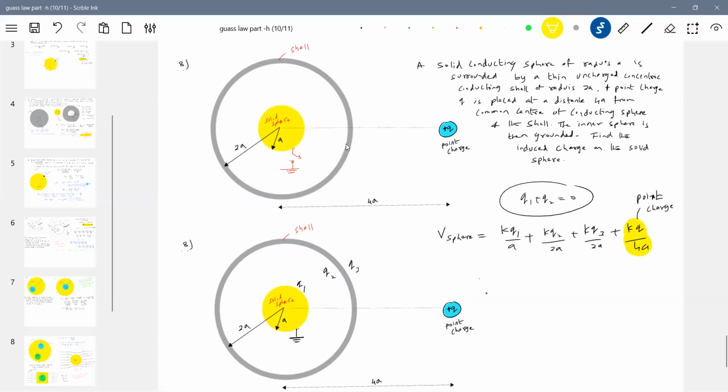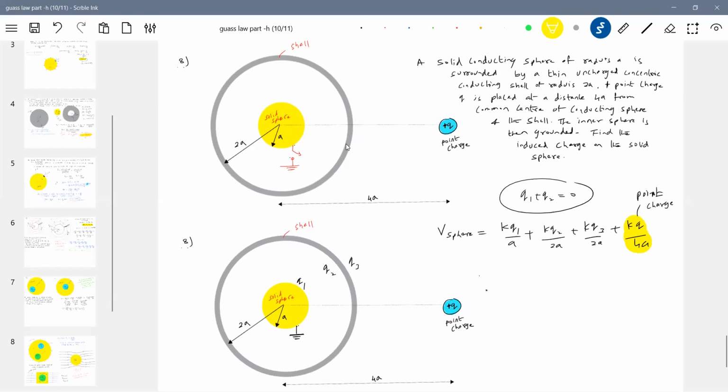This was neutral, no? So one by one. When you earth it, the potential should be 0. So KQ1 by A. I'll get one relationship: Q1 plus Q2 by 2 plus Q3 by 2 plus Q by 4. Q2 plus Q3 should be 0, no?